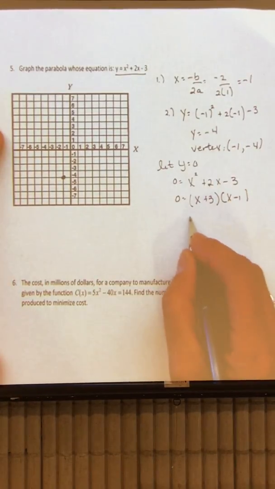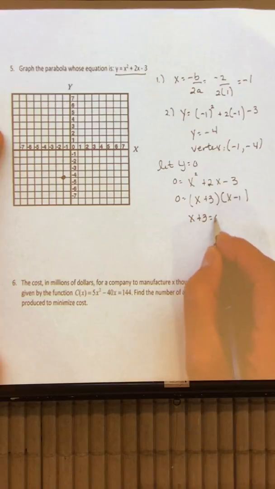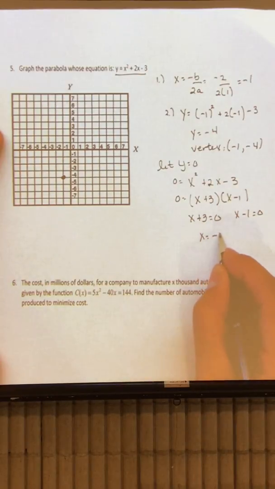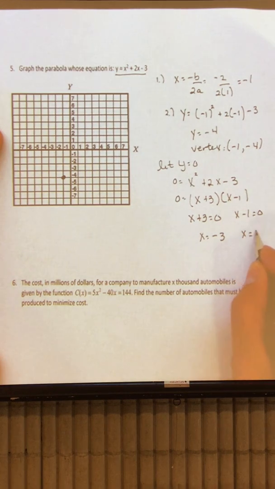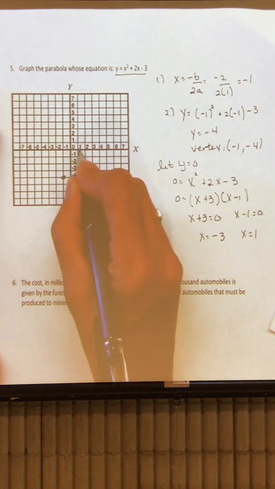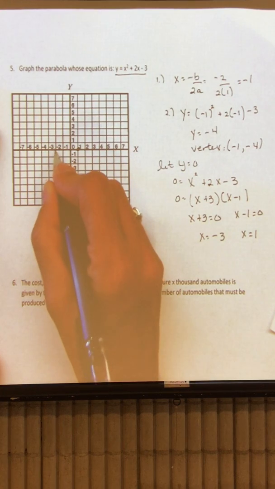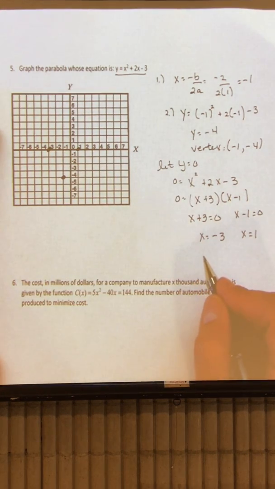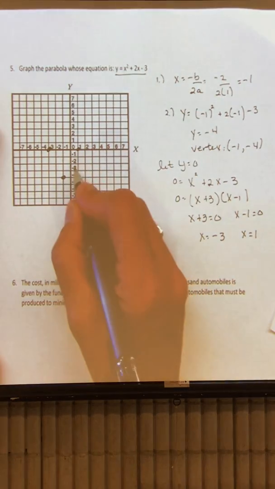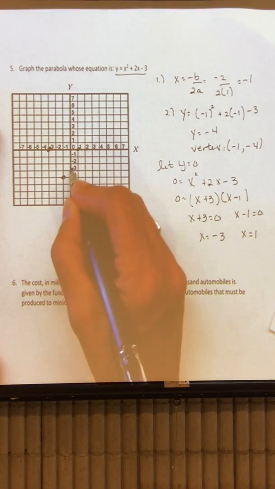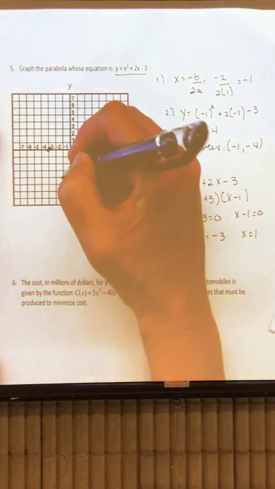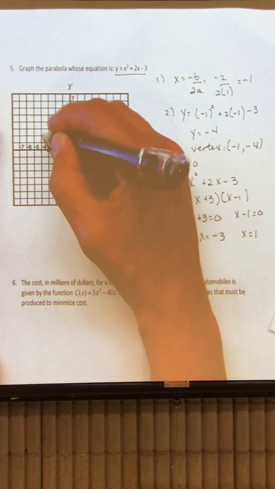Setting the factors equal to 0 and solving, you have x is equal to negative 3 and x is equal to 1. So x is equal to 1, x is equal to negative 3. And here your y-intercept is negative 3, which is your c. And you would just connect the dots and draw your parabola.